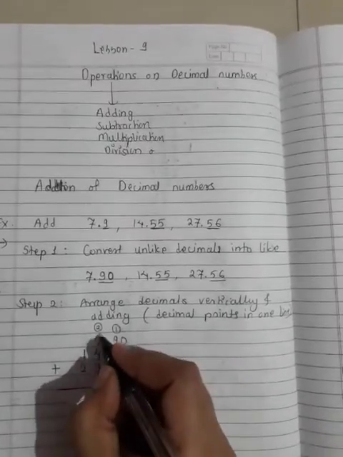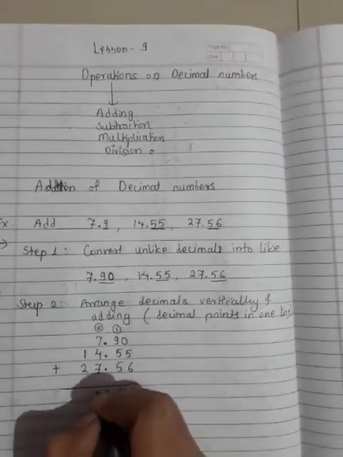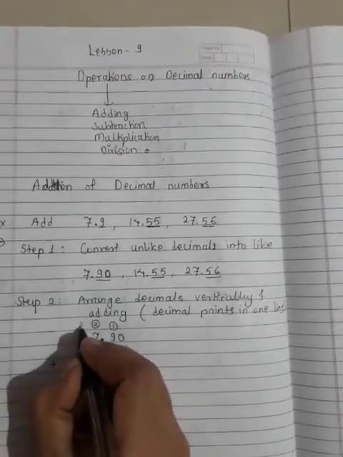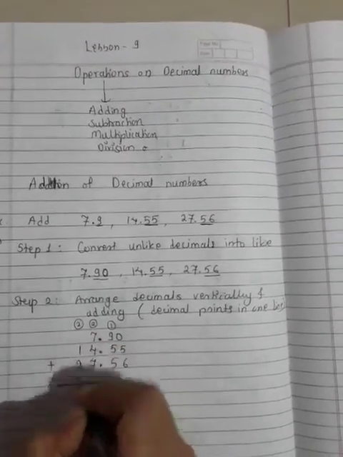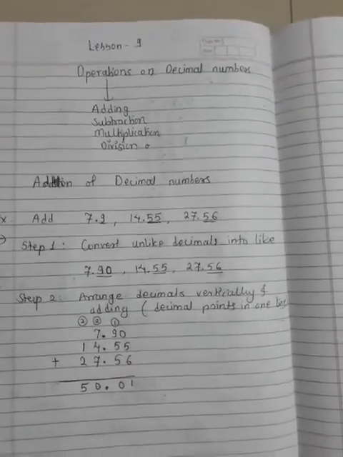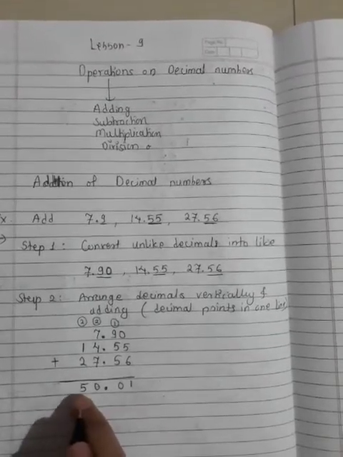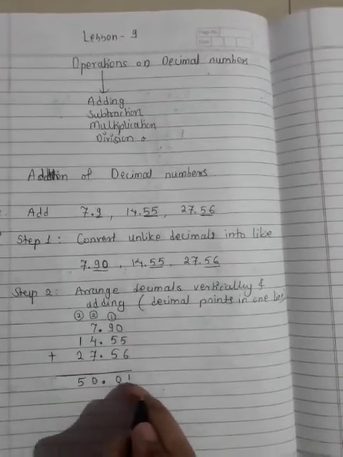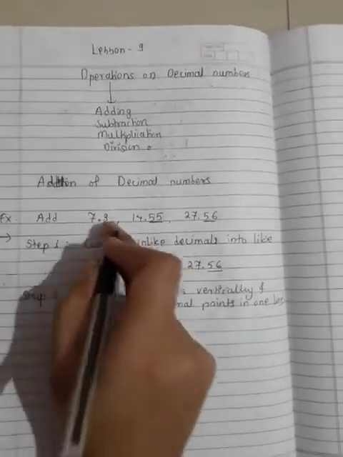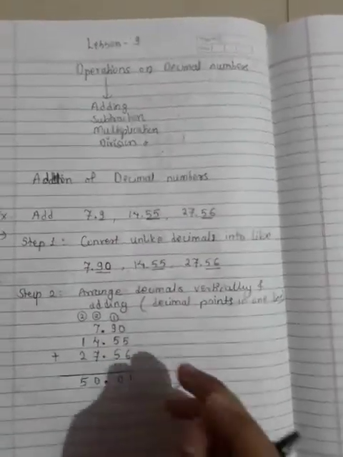Now 7 plus 2 is 9, 9 plus 4 is 13, 13 plus 7 is 20, again carry 2; 2 plus 1 is 3, 3 plus 2 is 5. So our sum is 50.01. If we add these three decimals we get 50.01.